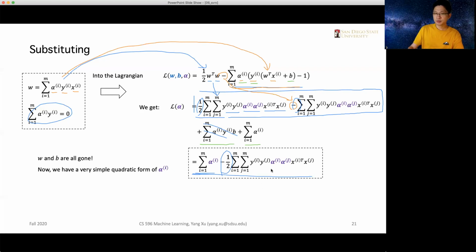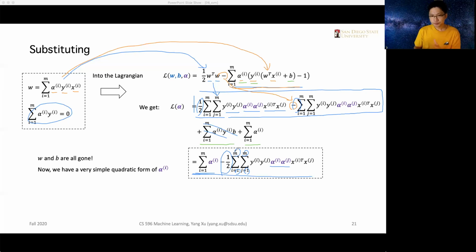Although there could be a lot of possible combinations, because here the superscript j iterates from 1 to m, and i also iterates from 1 to m. So basically, we are constructing a very large matrix where the row ranges from 1 to m, the column also ranges from 1 to m, and we are trying out all possible combinations between alpha i and alpha j.